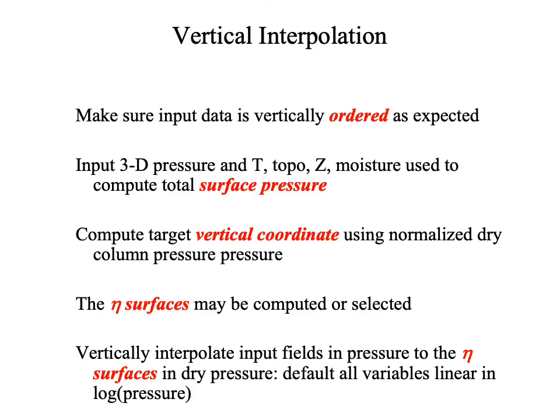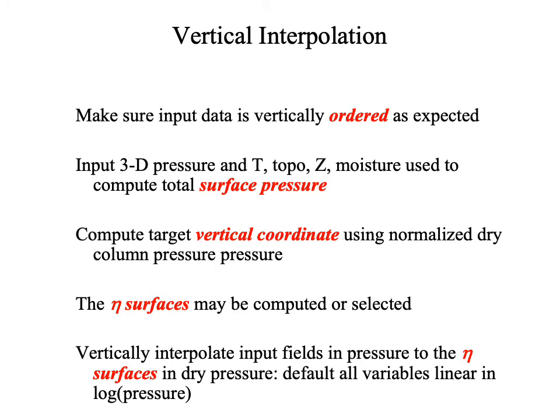The internals of the vertical interpolation that go on inside of the real program are largely outside the purview of an individual user. The functions that go on are basically things such as the data is input, and then it is vertically ordered.